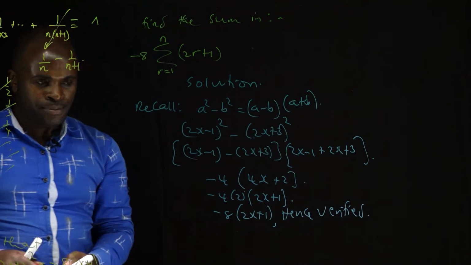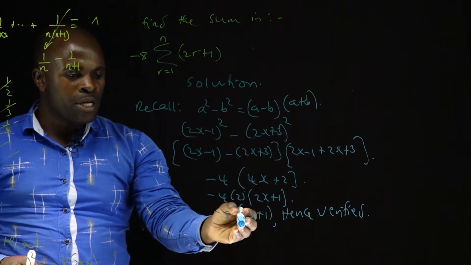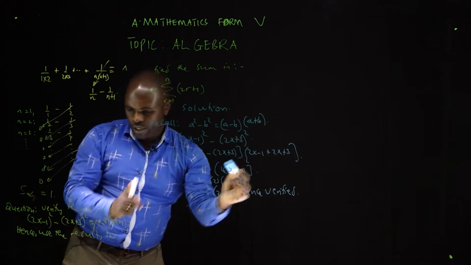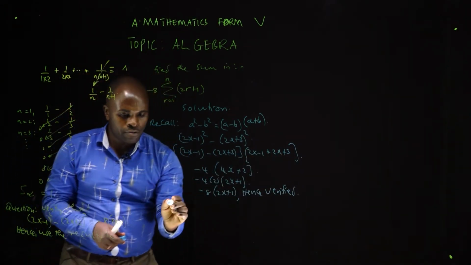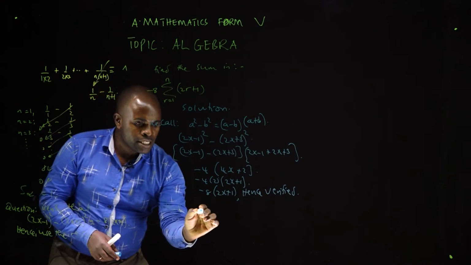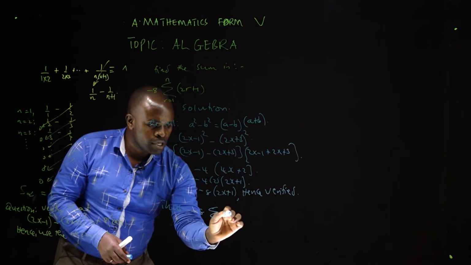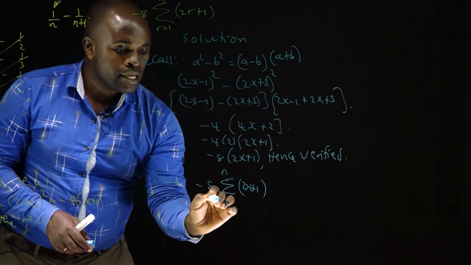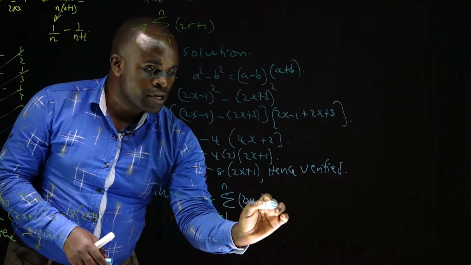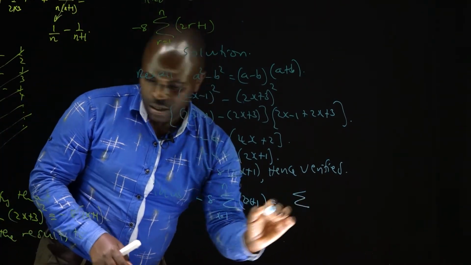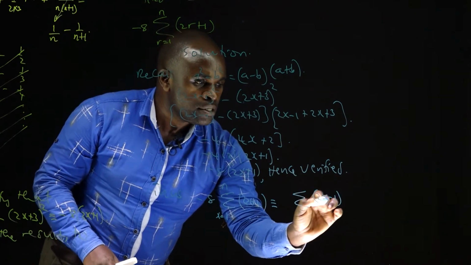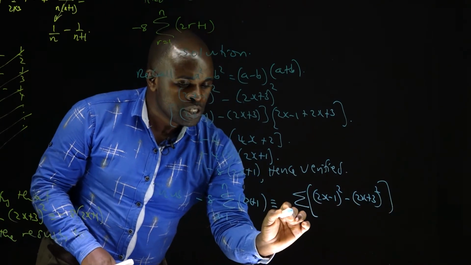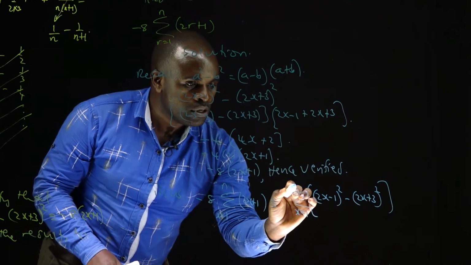After verifying that negative 8(2x plus 1) is a result of this part, we say thus: negative 8 sigma (2x plus 1), x from 1 to n, is equivalent to sigma of (2x minus 1) squared minus (2x plus 3) squared, x from 1 to n.